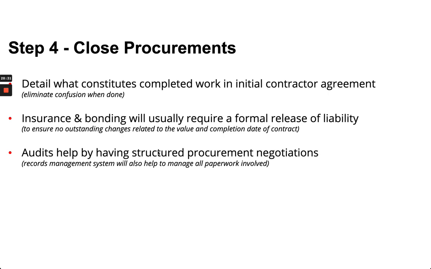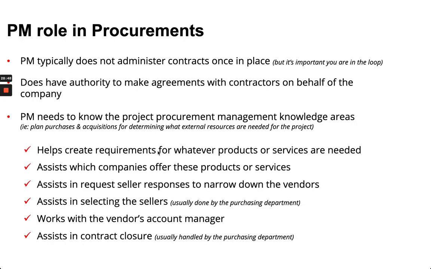And an audit may help in terms of some type of negotiation to manage, if you will, the overall contractual arrangement that you have. Closed procurement. And that's typically done during, say, a closeout phase, the last phase of your project life cycle.